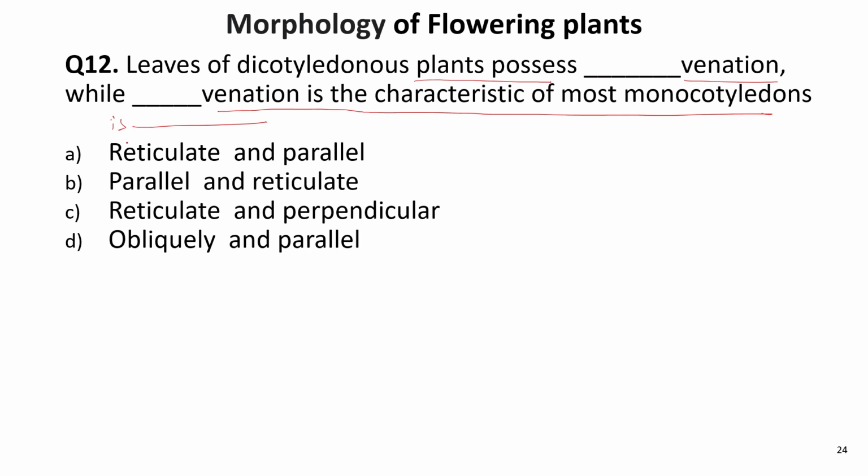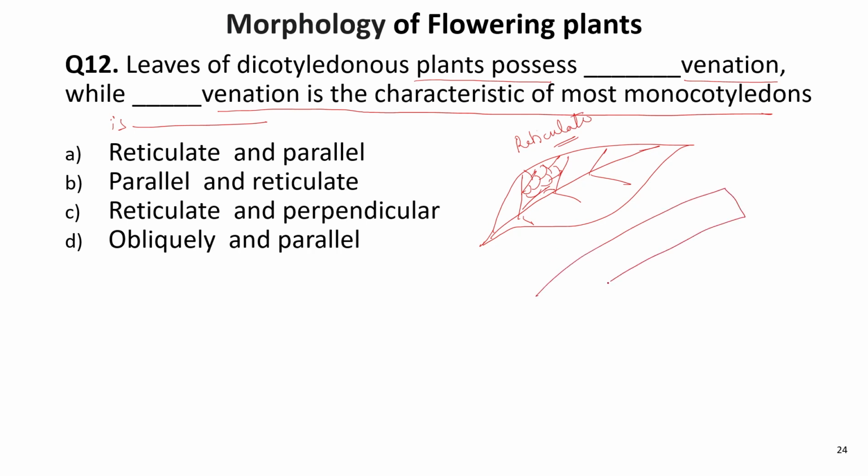So if you remember the venation of the dicotyledonous plant, the midrib and veins give a number of veinlets, and they form a network-like structure like this. So this is the reticulate venation. And if I draw a monocot leaf, then this is the midrib, and along the midrib parallel veins are present.